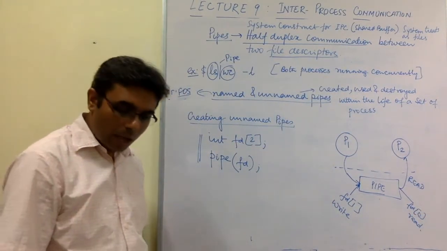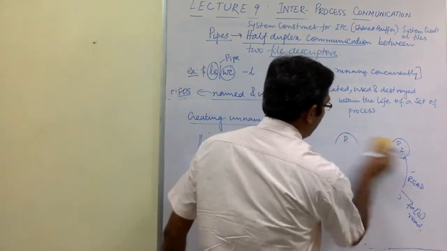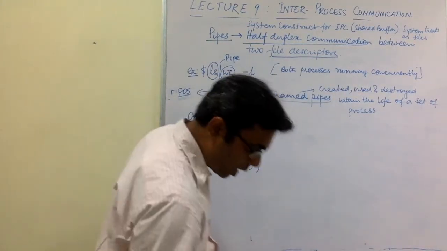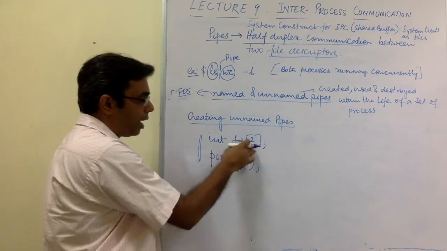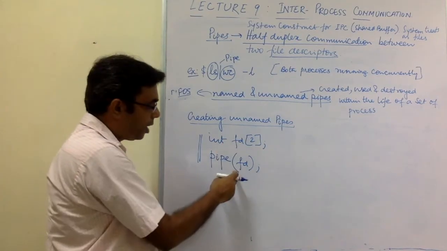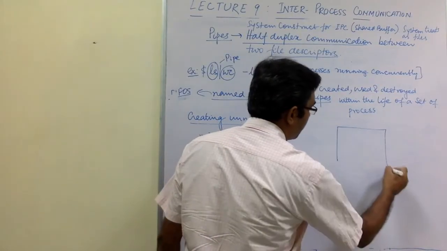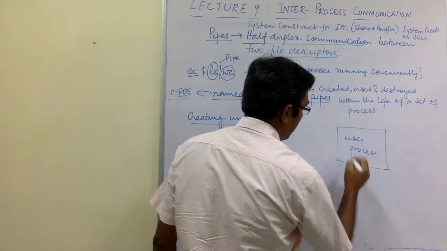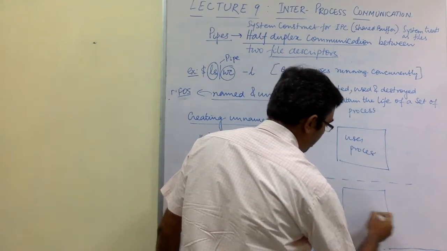Now let's see how in a single process we can make use of these two. Say we have declared a file descriptor, an array of 2 elements, and we have passed that to the pipe call. So the typical user process will have, this is the kernel and the pipe is here.